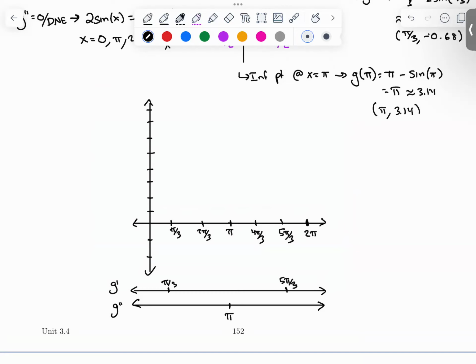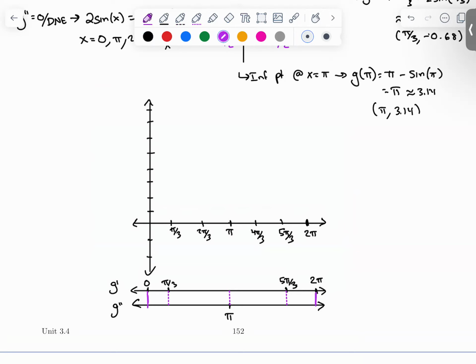And so we'll break up our interval based on those numbers. And then we should also probably just write 0 and 2 pi, just to remind ourselves that we're working on that closed interval.